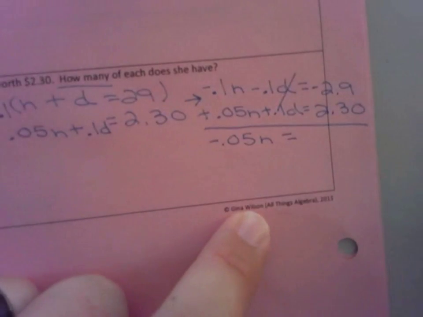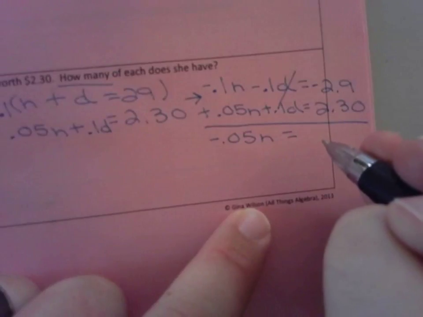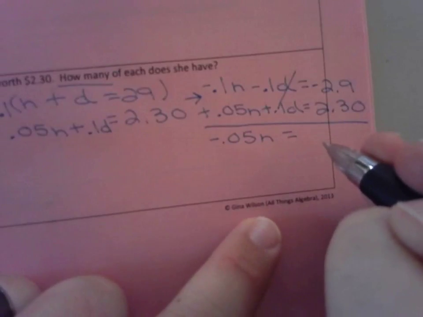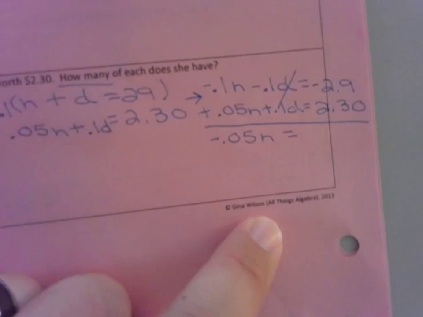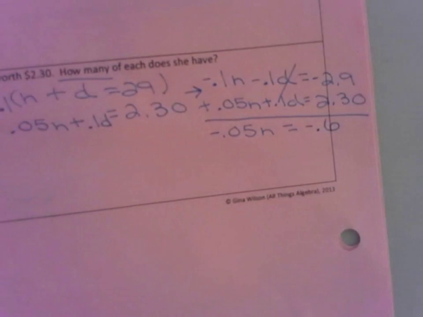Equals, what is negative 2.9 plus 2.3? Plug it in your calculator. Negative 0.6, yep. Decimals are weird and you don't use them a lot, but you use your calculator.